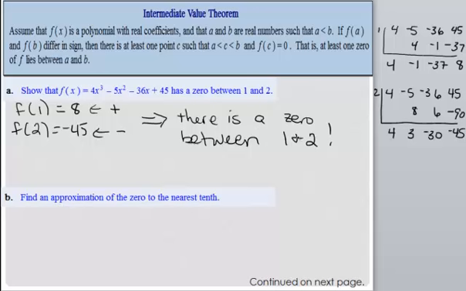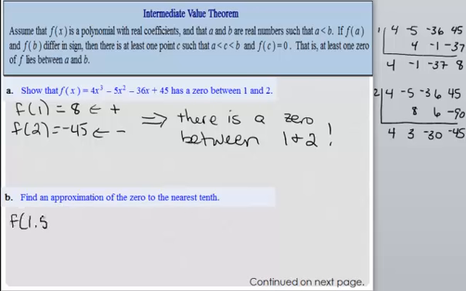Well, let's just pick whatever's right in the middle of 1 and 2. That would be 1.5, right? So try 1.5. Instead of doing synthetic division for this one, we might as well just plug it straight into the function.